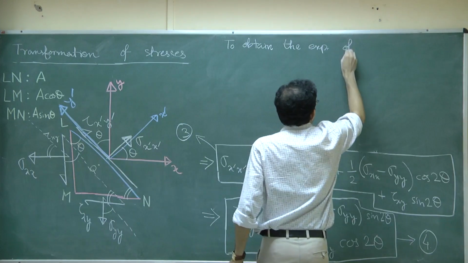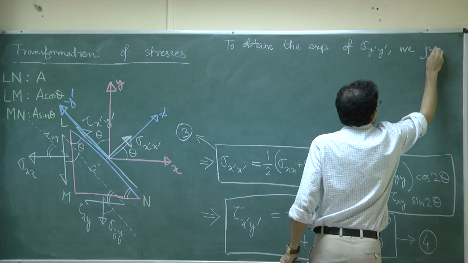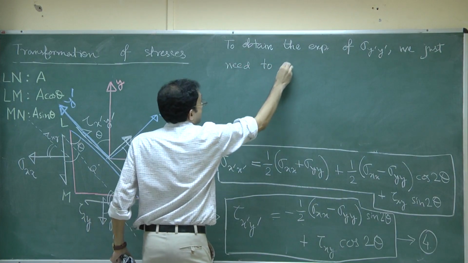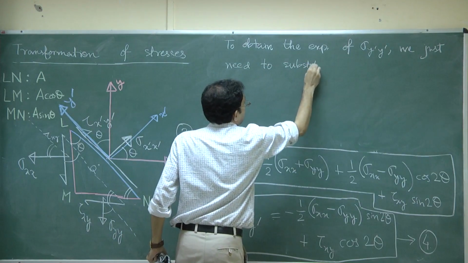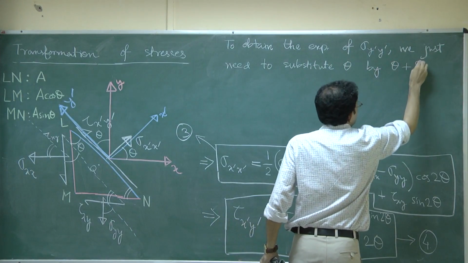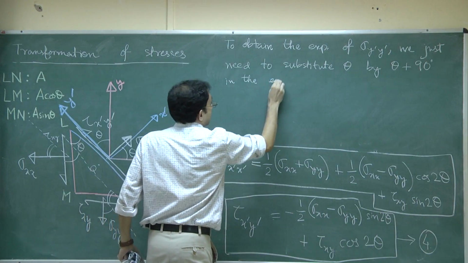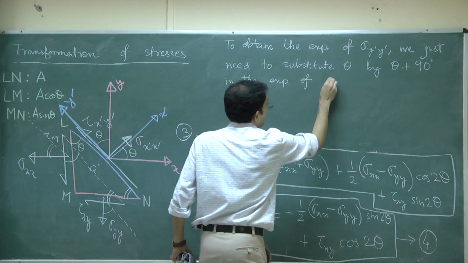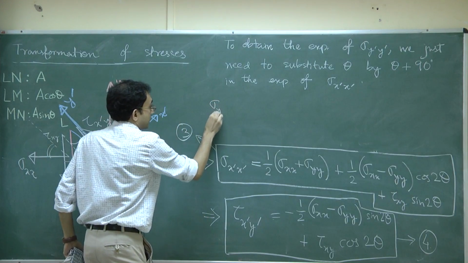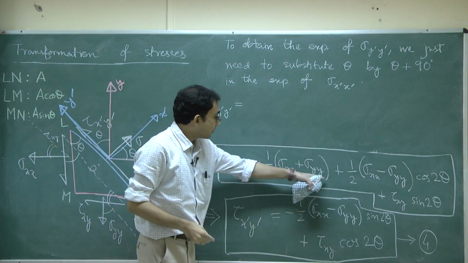So what we will do is we will say that to obtain the expression of sigma y dash we just need to substitute theta by theta plus 90 degree in the expression of sigma x dash. So if we do that, what we obtain is sigma y dash is equal to, if we substitute here, the first term remains as it is.